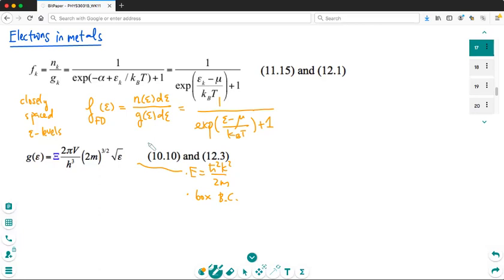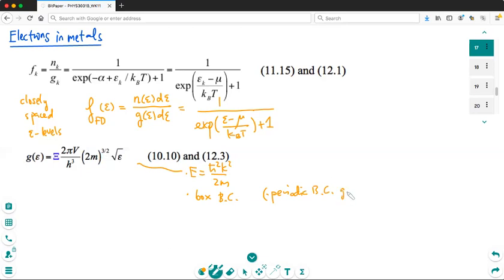Maybe I should just note that if we use periodic boundary condition, which is something I would do today, it's not that new, because the TA did it in the exercise class. I did the box and the TA did the periodic boundary condition. I just want to say that periodic boundary condition gives you the same result here, which is important. There will be some differences in the way we derive things, but the end result is the same, which is good.